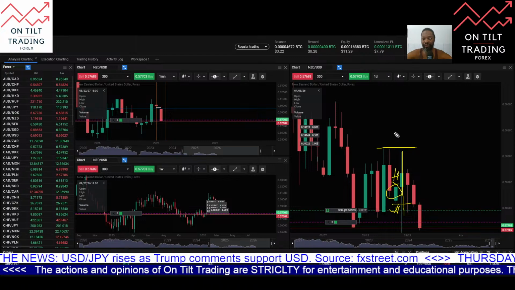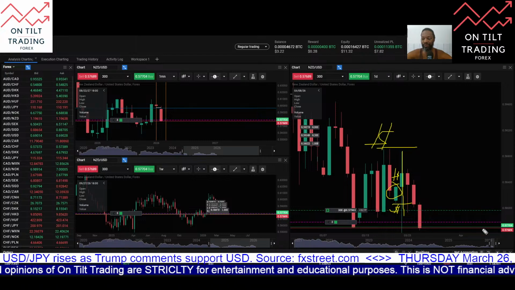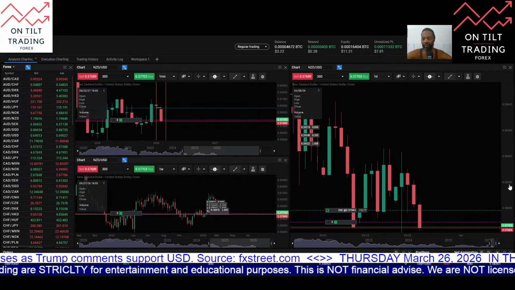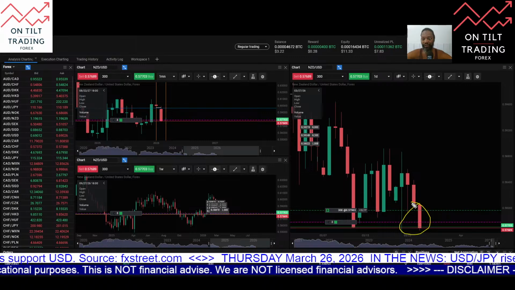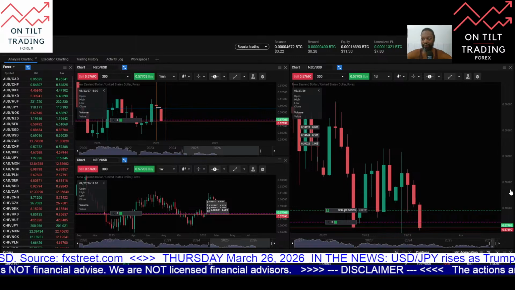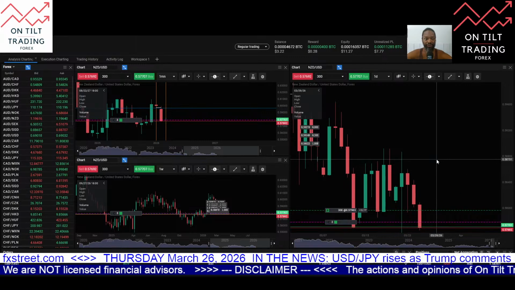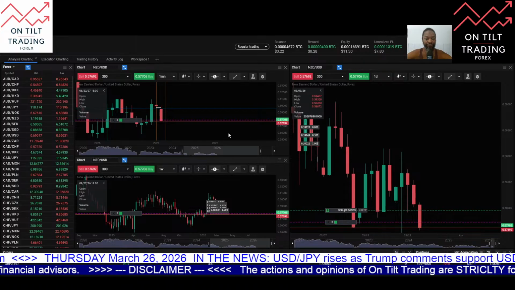So I would look for price to want to reach into this area here. But as you can see, price has pulled back very aggressively here today. But based on what I'm seeing, overall conditions market-wise have been pretty weak here.